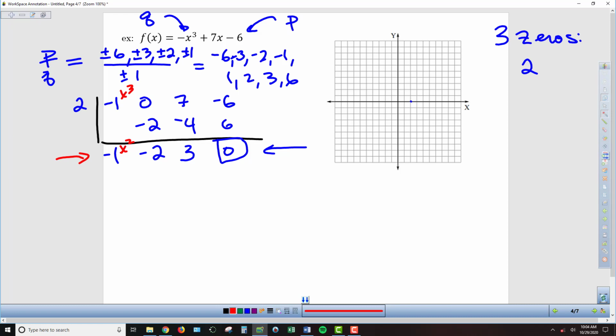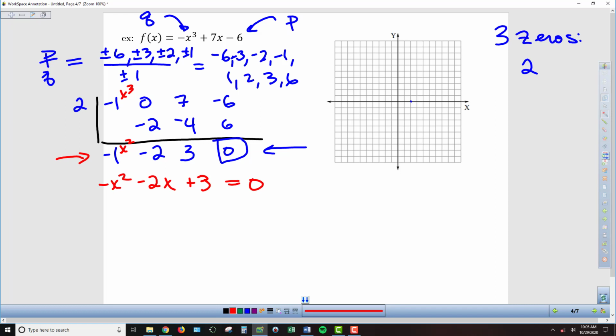We can now write a quadratic and use our quadratic techniques to solve, whether that's factoring, completing the square, or the quadratic formula, whatever applies to the equation we end up with. So I'm going to have -x squared minus 2x plus 3 equals 0. This is the equation that we need to solve to find the remaining zeros.